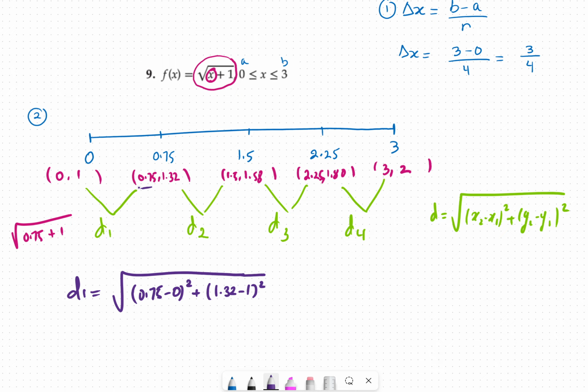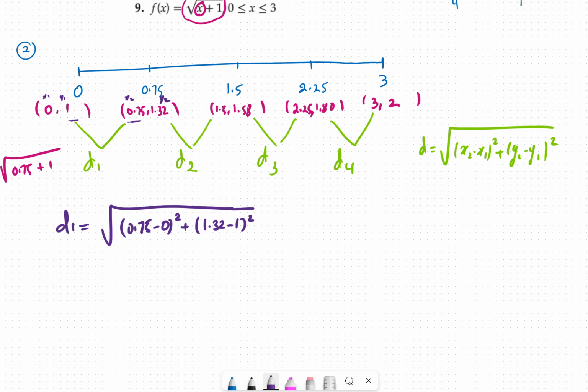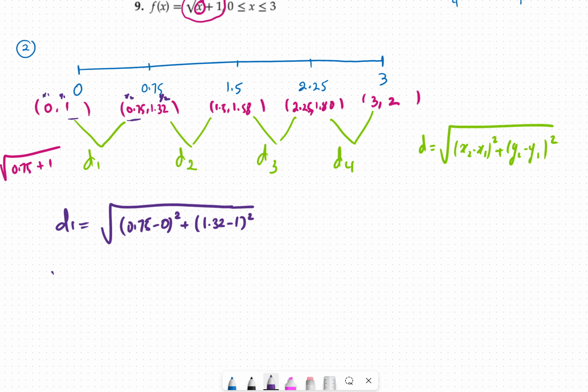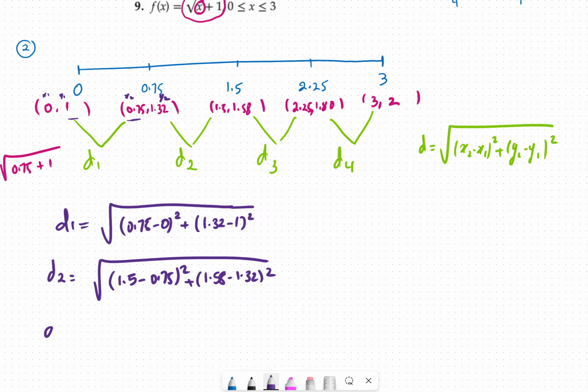So I did distance 1 between these 2 points. Again, this is like your x1, y1. This is like your x2, y2. And then you just substitute in the formula. Now I will do distance 2. Distance 2 will be square root of 1.5 minus 0.75 squared plus 1.58 minus 1.32 squared.